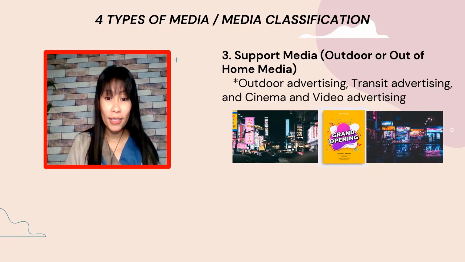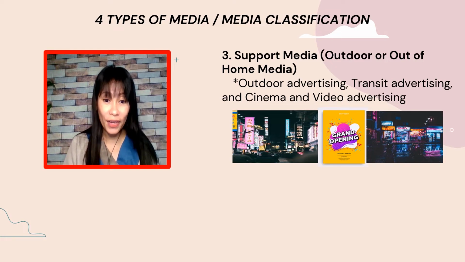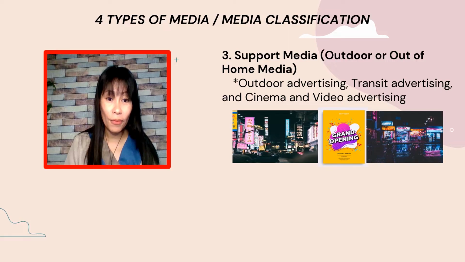So these are the posters, no, that we can see when we go out of our homes. The transit advertising, like when we ride on a jeep, on a trike, or on a train, we will see some safety measures, even on airplanes, diba?